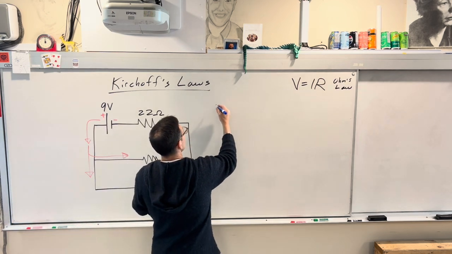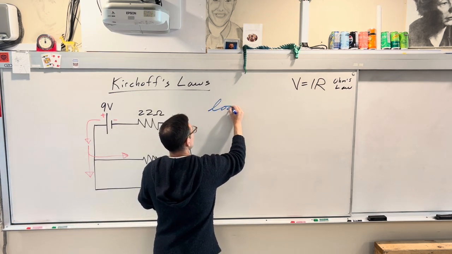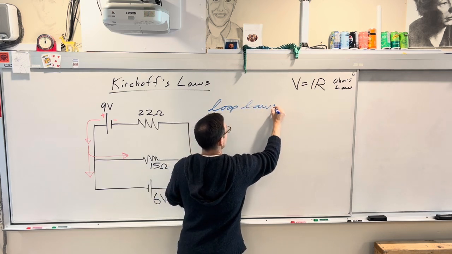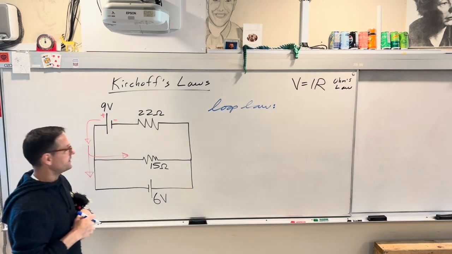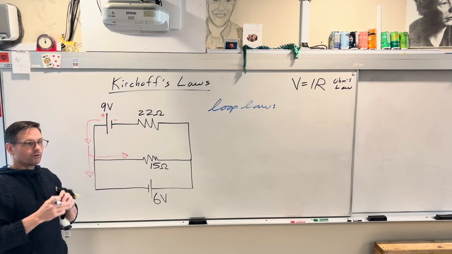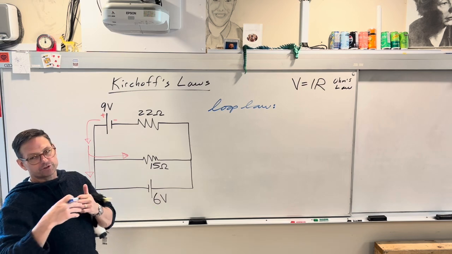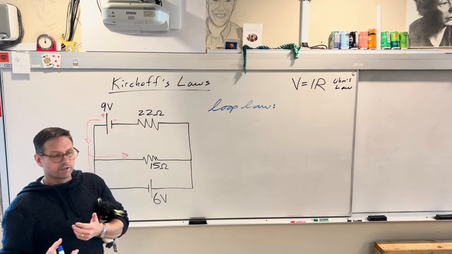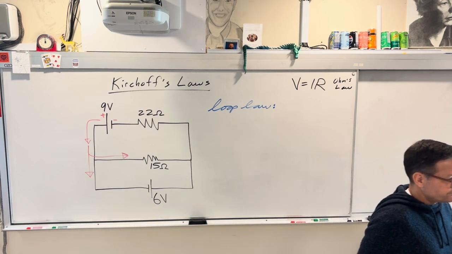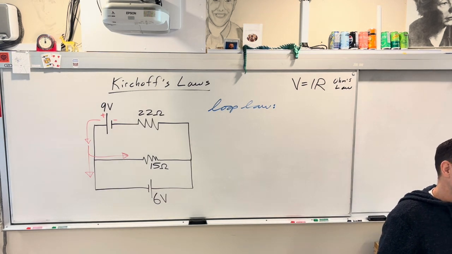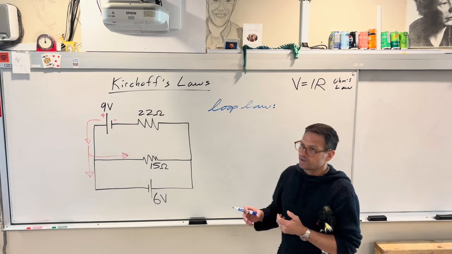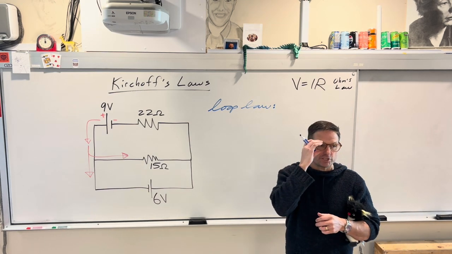Kirchhoff's first law is called the loop law. And basically it says that around any loop in a circuit, the voltage gains will be equal to the voltage drops. So the total change in voltage is 0. It's basically the conservation of energy.